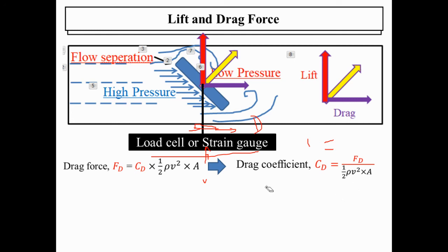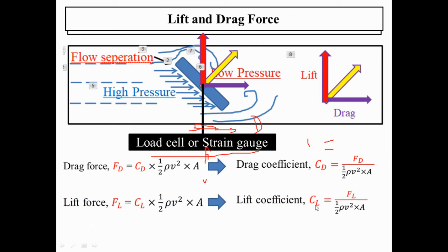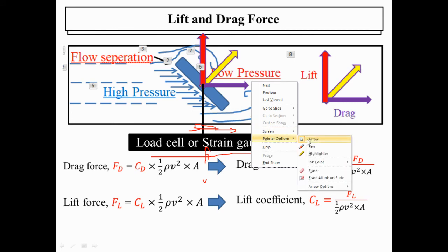By this way, you can calculate the drag coefficient. Similarly, we can calculate the lift coefficient, where CL is given by Fl, the lift force, upon half rho V square into A, where rho is the density, V is the oncoming velocity, and A is the projected frontal area.